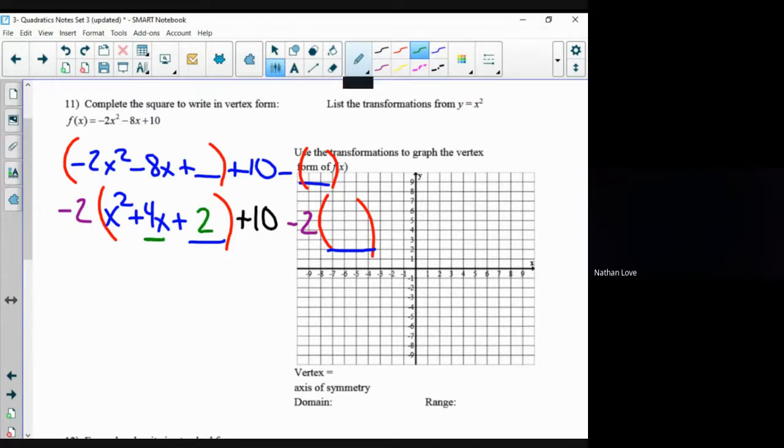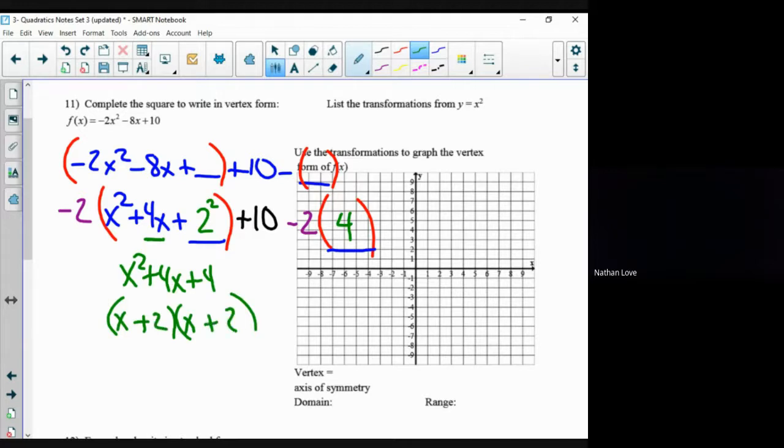Then you're going to square it, which is 4. The whole idea here, guys, is you're supposed to make this a PST, so it will always factor to the same exact thing. That is the design of this.